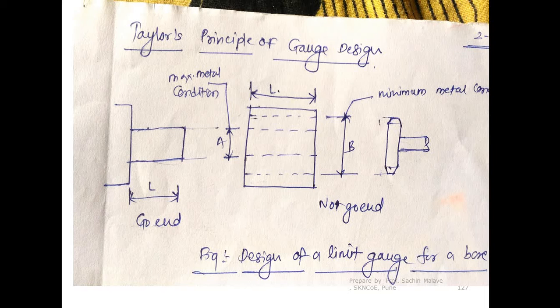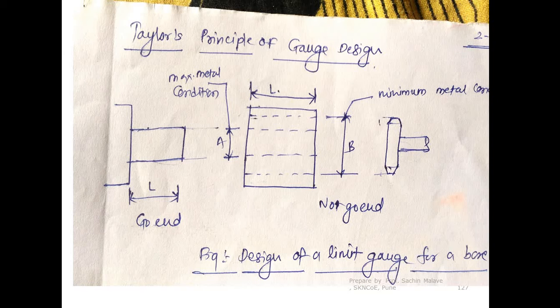I am talking about the diameter only, I am not talking about the length, remember that. A denotes the minimum size of the hole, whereas B denotes the maximum size of the hole. So as per our definition of the part sizes, A is the minimum size of the hole and B is the maximum size of the hole.